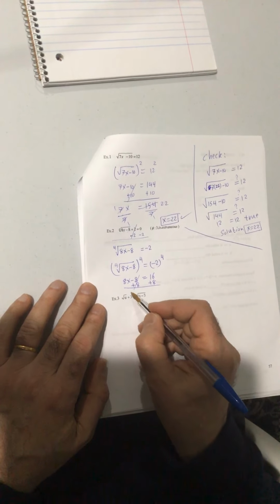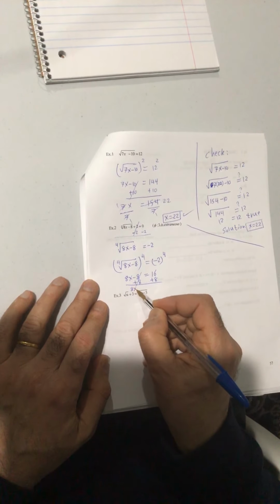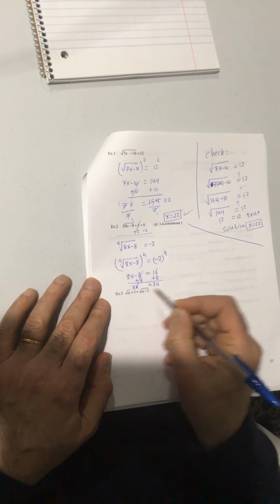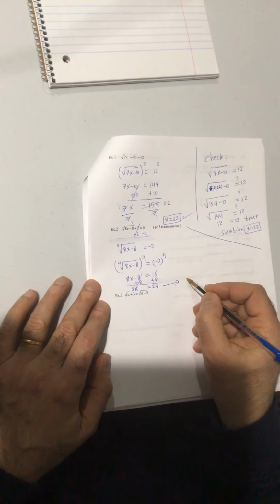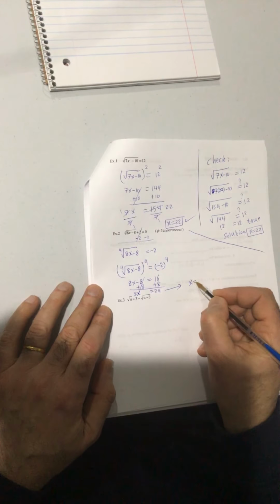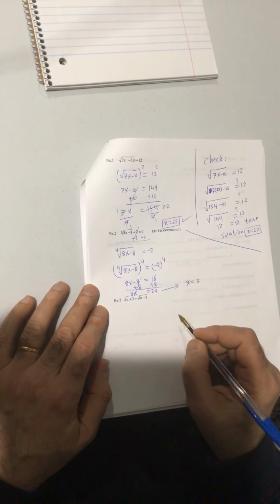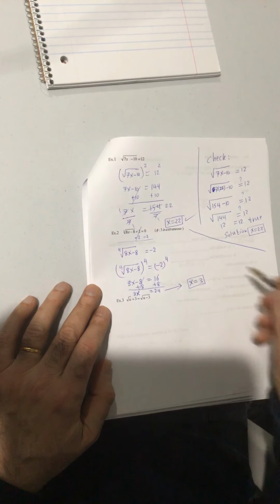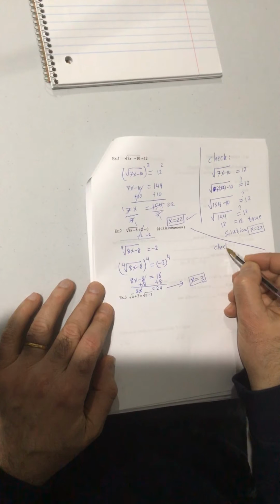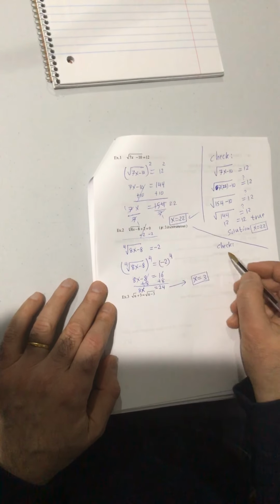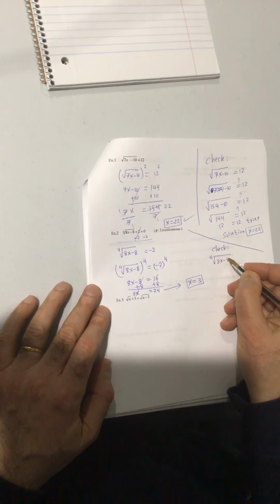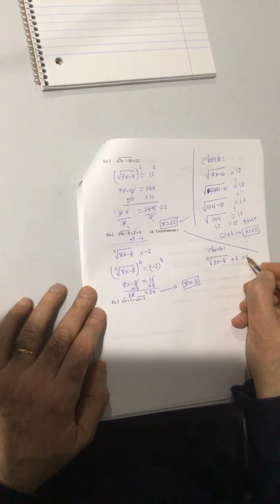So we get 8x equals 24. Divide by 8. So x equals 3. Let us check, is x equals 3 a solution or not? The equation is the fourth root of 8x minus 8 plus 2 equals 0.